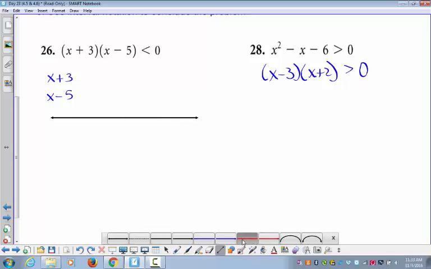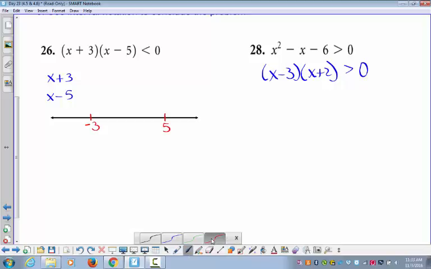And we're going to pluck off these two points that are the zeros of the factors. So -3 and plus 5. And those are the only numbers we're putting on this number line. Those are two transition points where the sign of this expression might change.